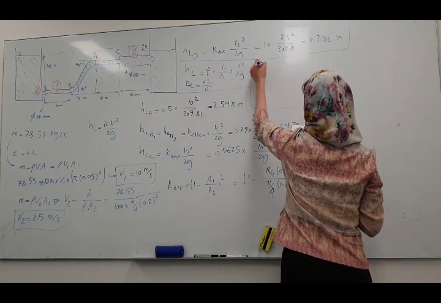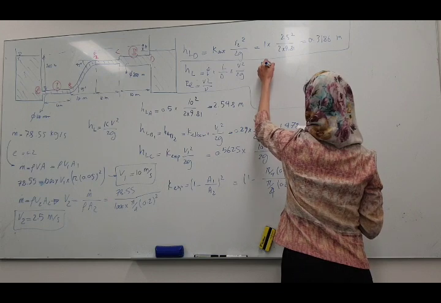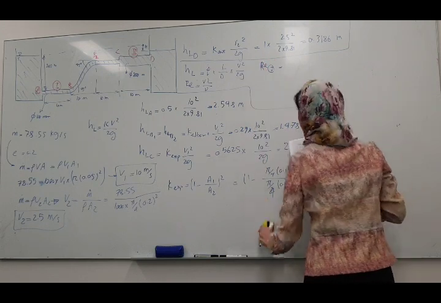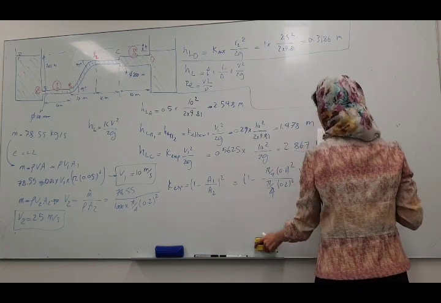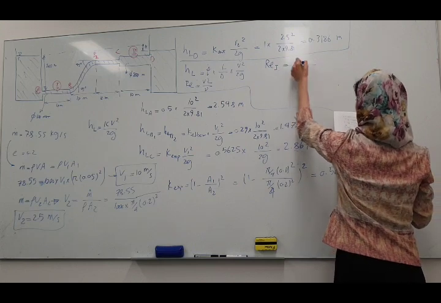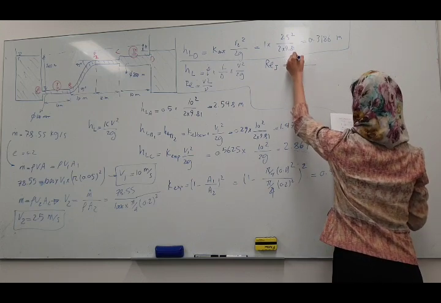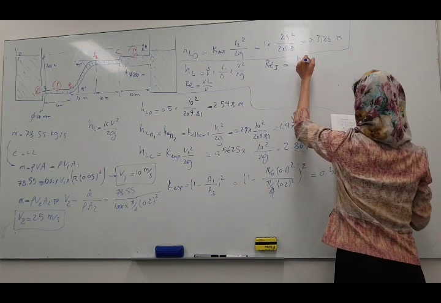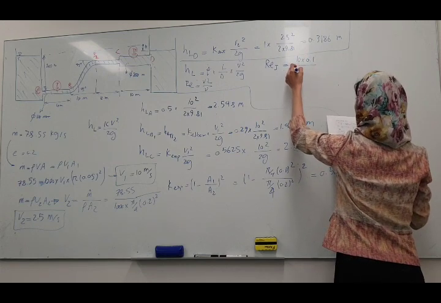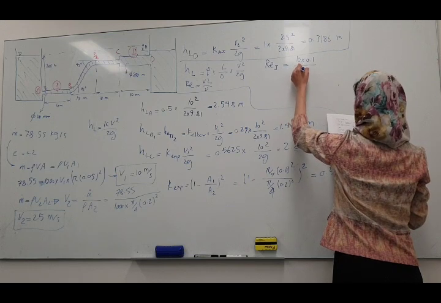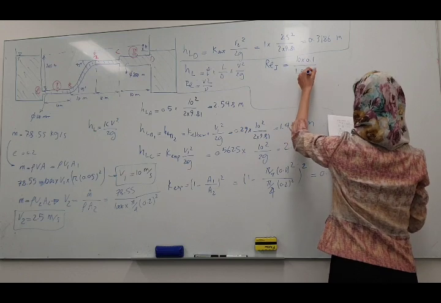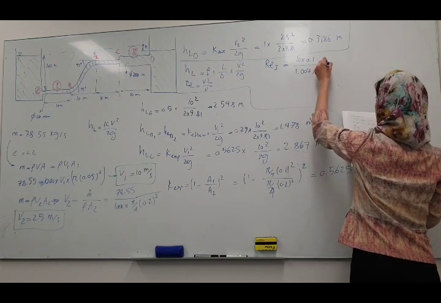So the Reynolds number for the first pipe will be: the velocity is 10, the reference diameter is 0.1 or 100 millimeter, and nu, the kinematic viscosity, is 1.0 times 10 to the minus 6.